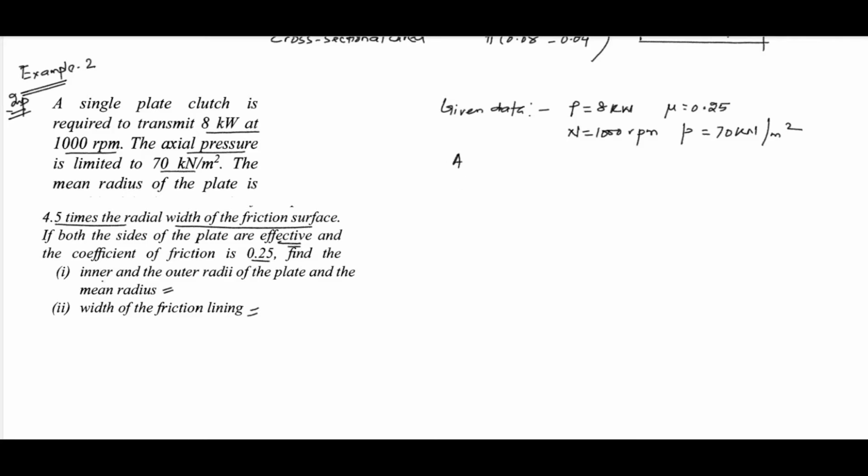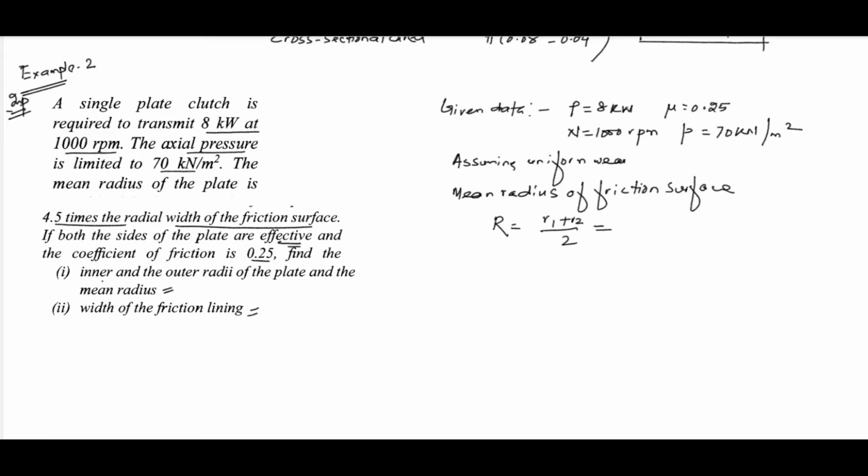Okay, now assuming uniform wear, where your mean radius of friction surface R is equal to R1 plus R2 by 2.